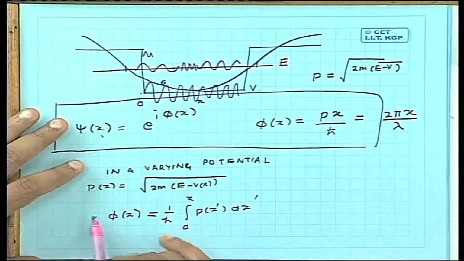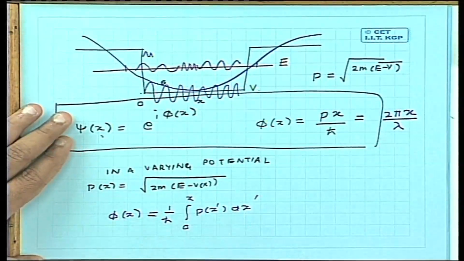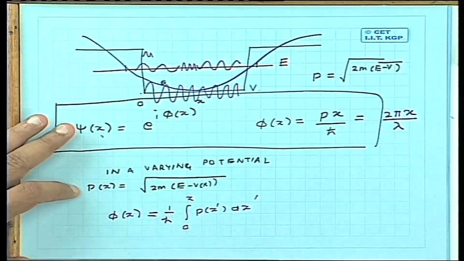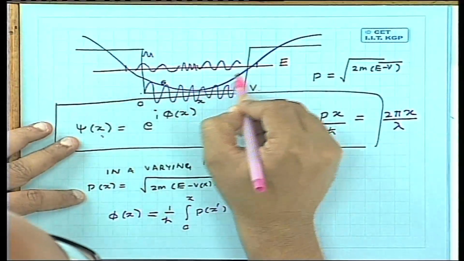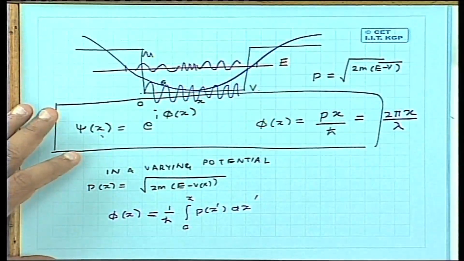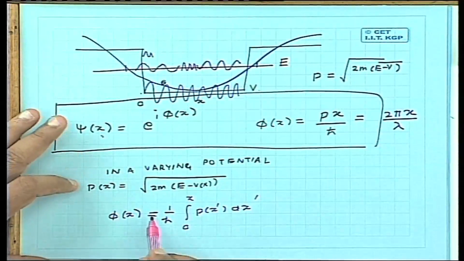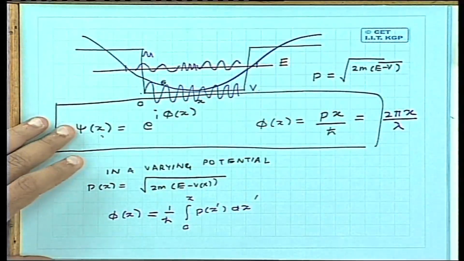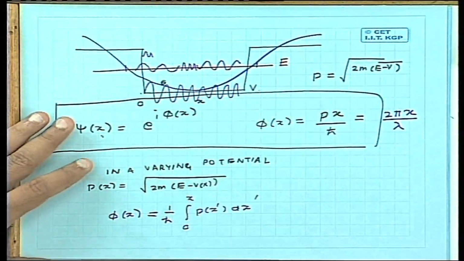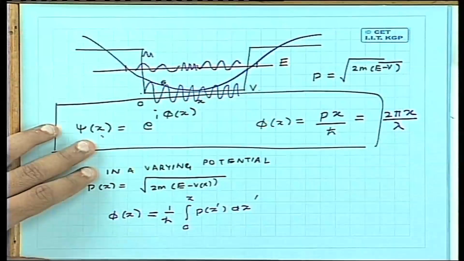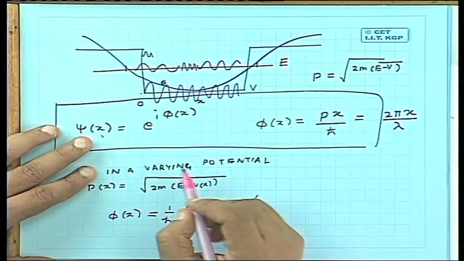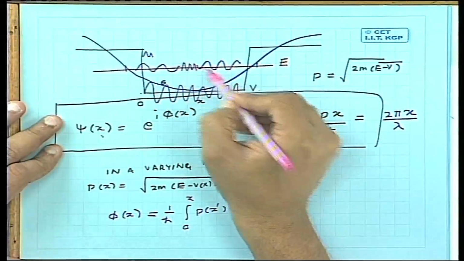So this is a kind of approximate solution which we are constructing, guided by the fact that the momentum keeps on changing as we go along the potential. Which implies that the wavelength keeps on changing as we go along the potential, and we calculate the phase by integrating p dx, or the number of oscillations the wave function is going through.